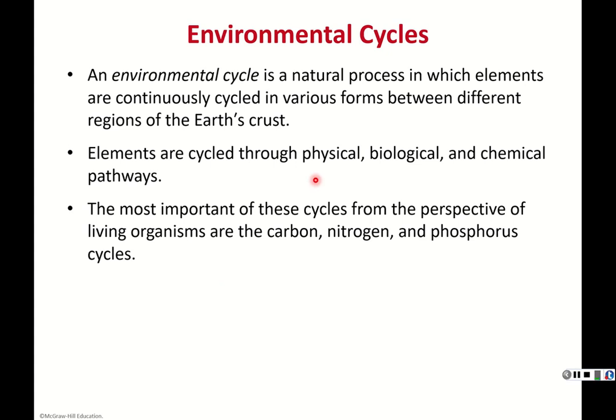Right, and what an environmental cycle is, is just the natural process by which elements are continuously cycled in various forms between different regions of the Earth. Okay. Elements are cycled through physical, biological, and chemical pathways. The most important of these cycles from the perspective of us, living organisms, are carbon, nitrogen, and phosphorus.